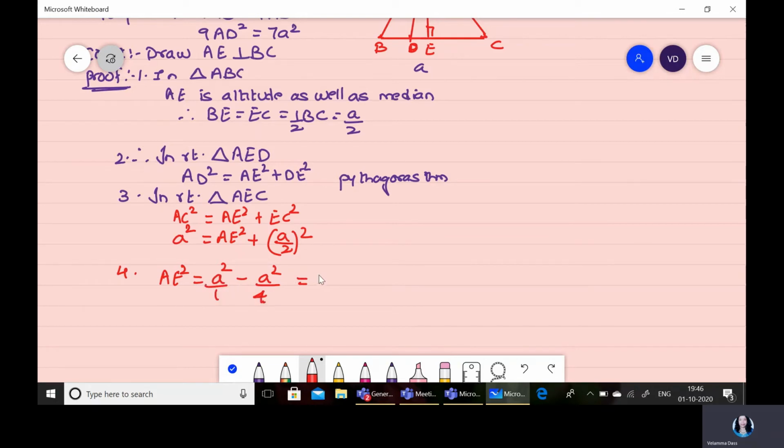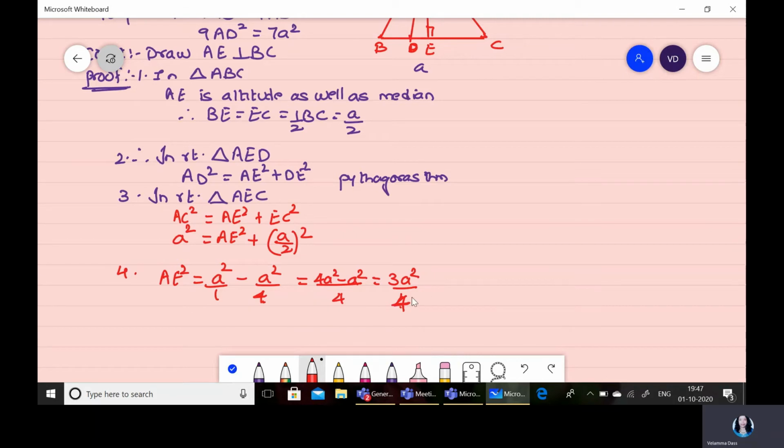So here 4A square minus A square upon 4. So we'll get 3A square upon 4. So we got AE square, that is 3A square upon 4. Correct?